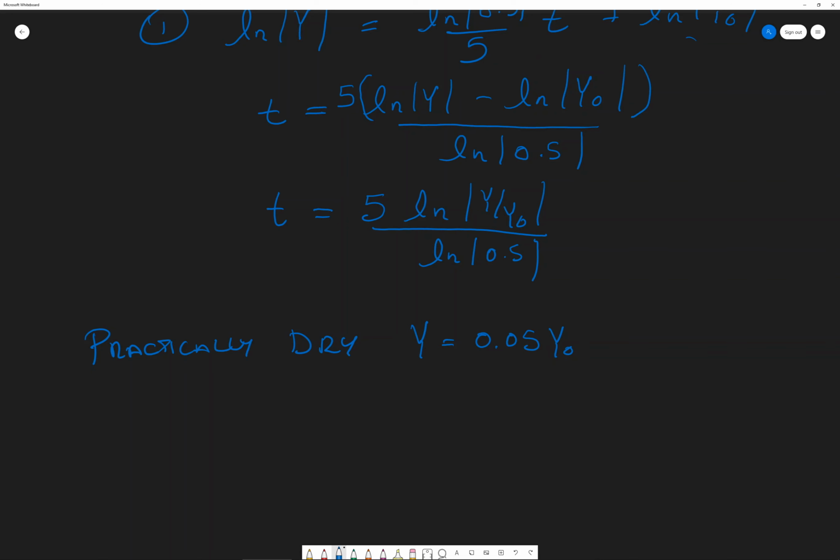So that means that t is equal to 5 ln. Now we have 0.05 y naught divided by y naught, so that's just going to cancel. So we have ln of 0.05 over ln of 0.5, all times 5, and when you plug that in you get 21.6 minutes.